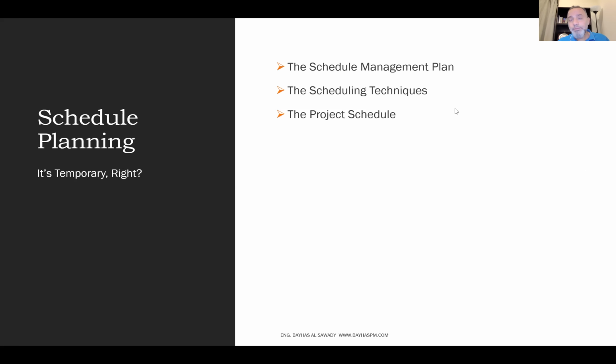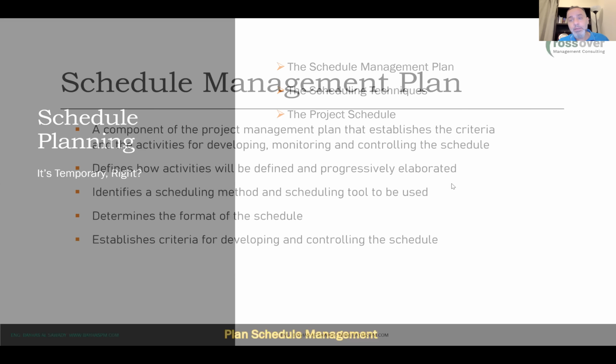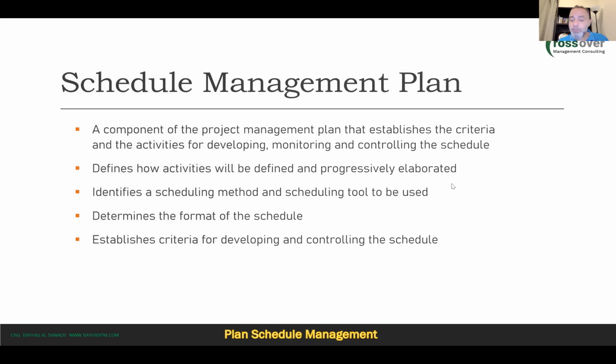Basically, you start with developing a schedule management plan, indicating the who and how of managing the schedule, then using scheduling techniques to develop the project schedule. And when you approve the project schedule, you get the schedule baseline, right? So let's start first with the schedule management plan.